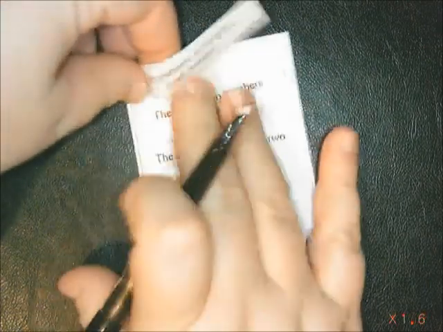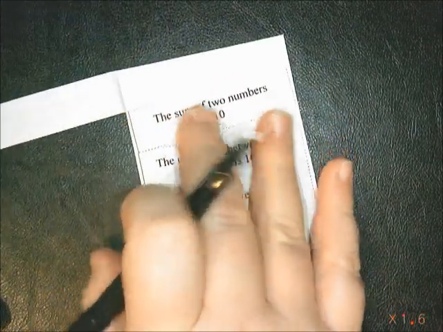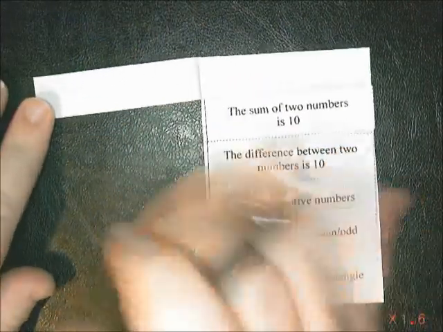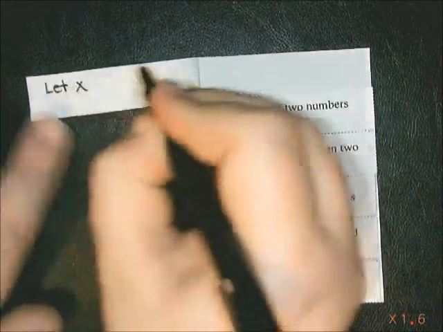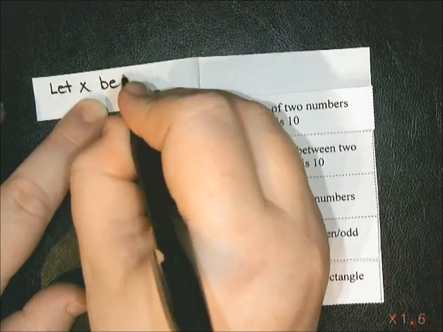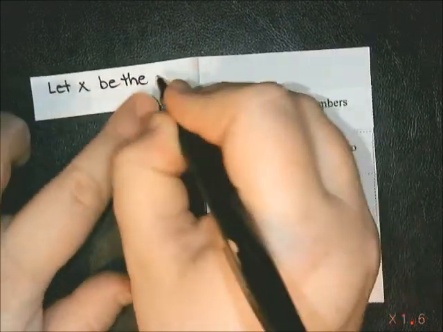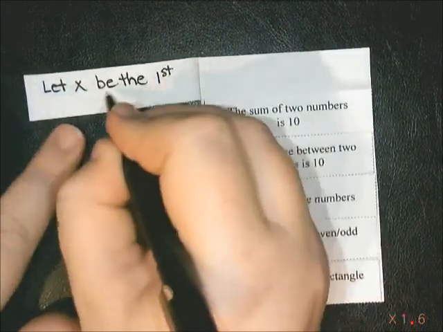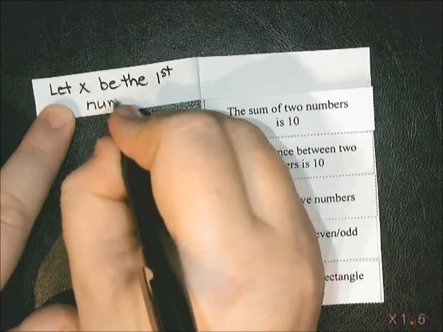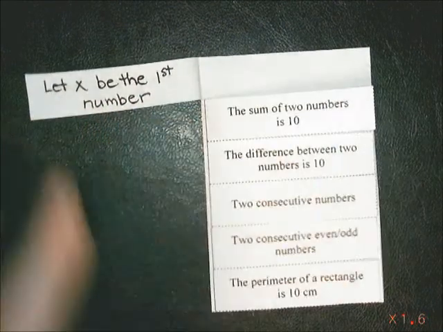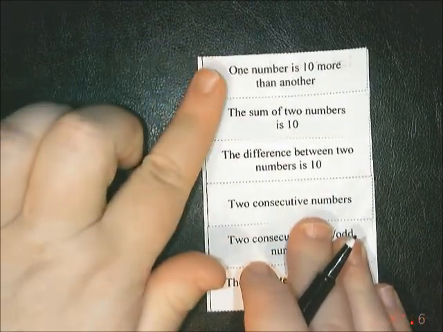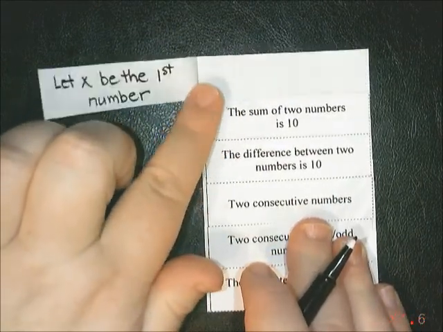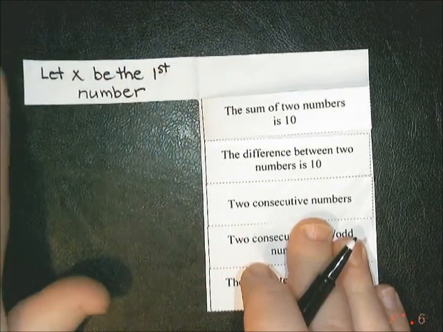So if I flip this open, on the one little side, I'm going to say let X be the first number. And then since it said that one number is 10 more than another, more means addition.